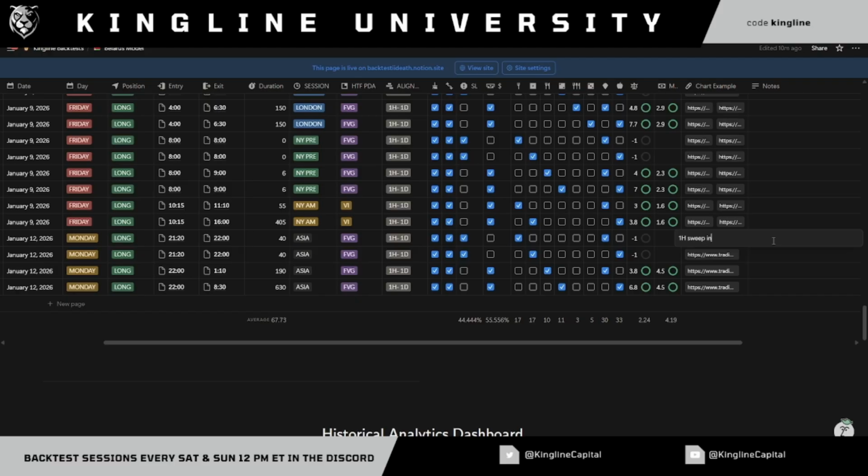But when I see one CISD match the hourly open after the sweep into the PD array, I'm literally just holding those trades without any hesitation.